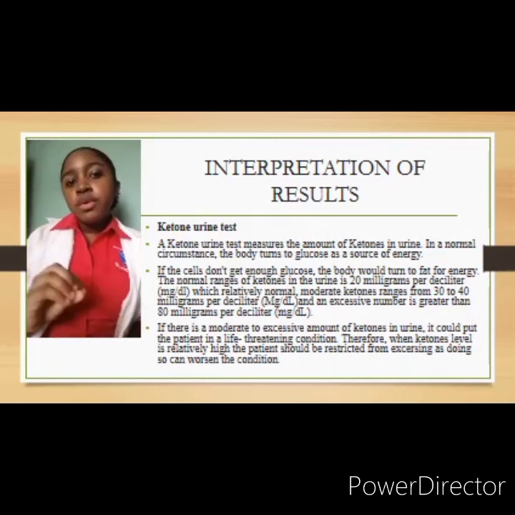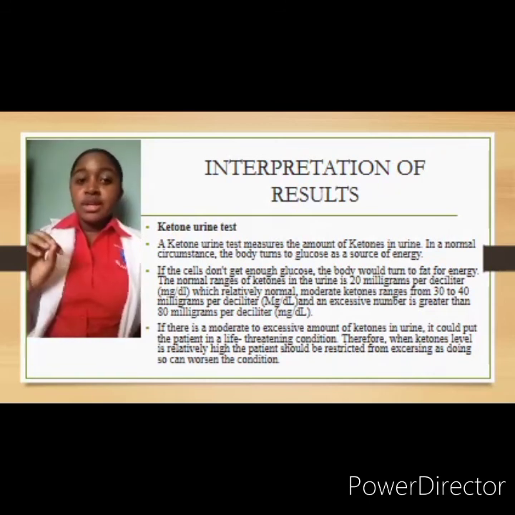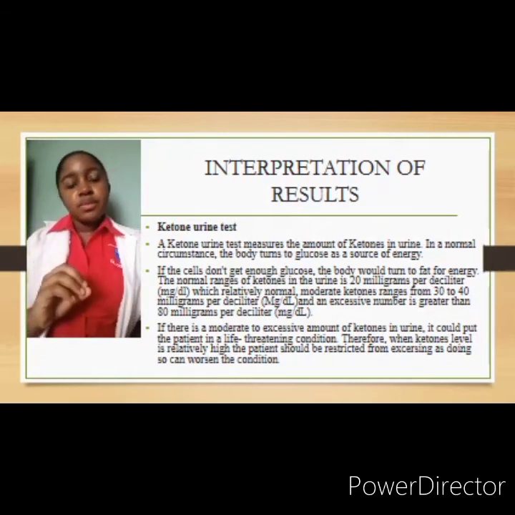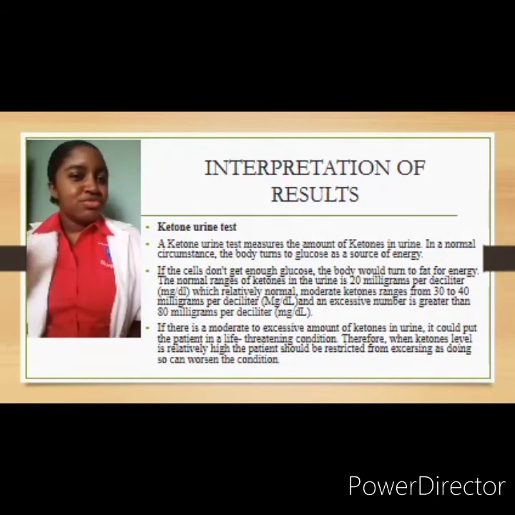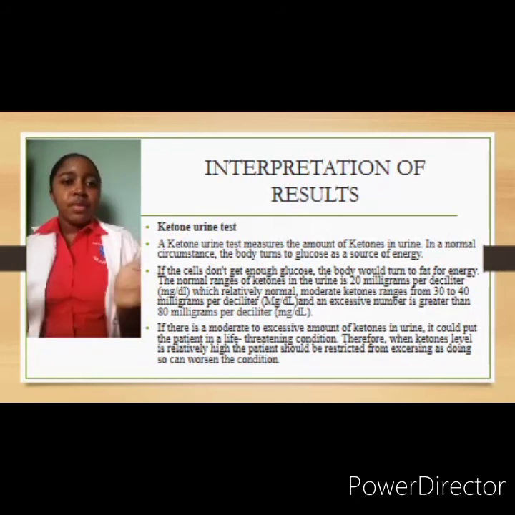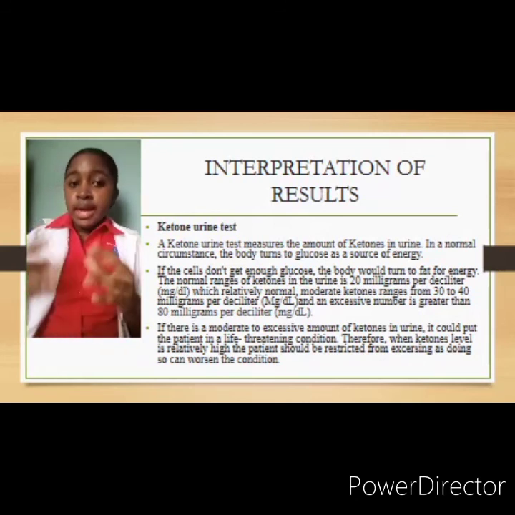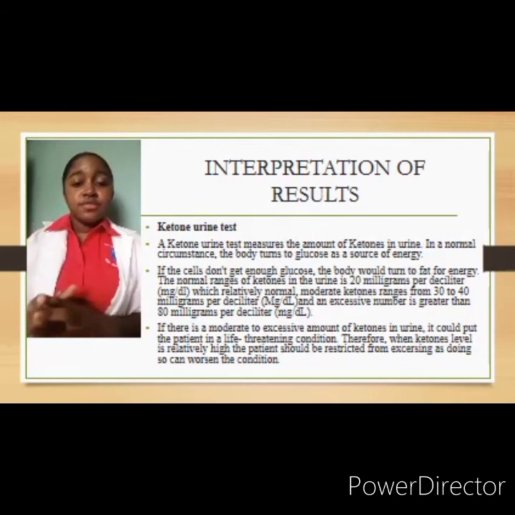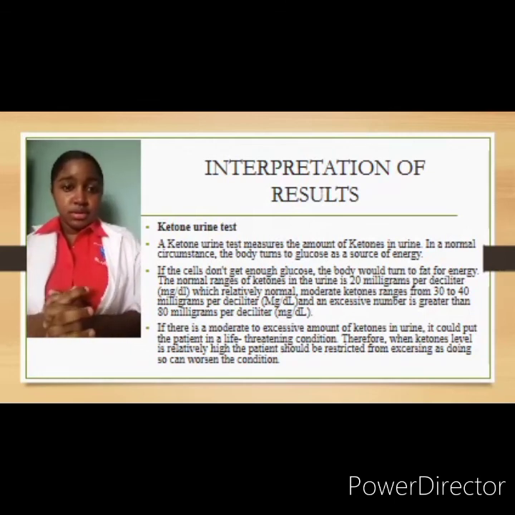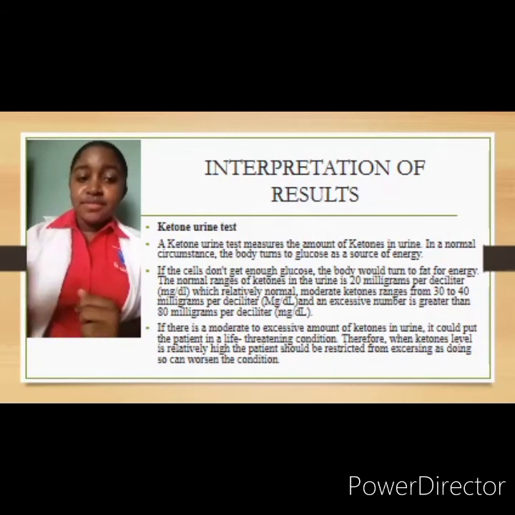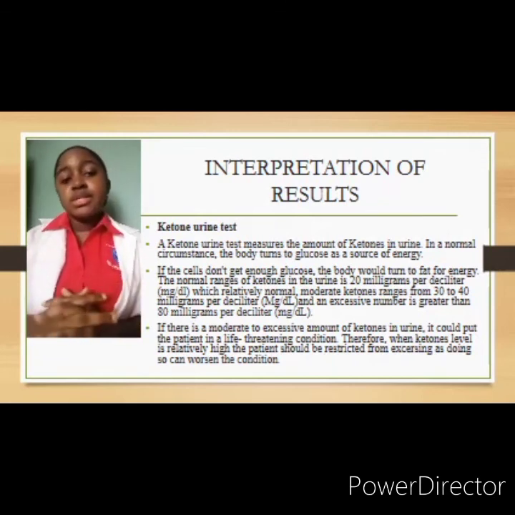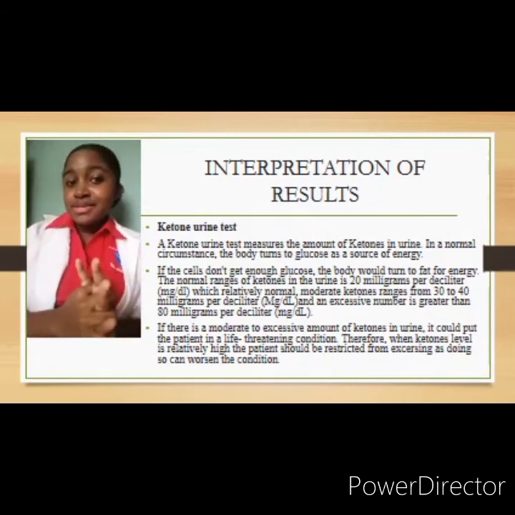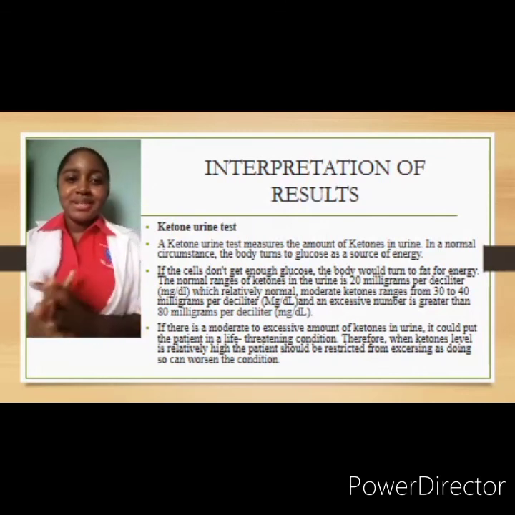Now, the normal range of ketones is 20 milligrams per deciliter, which is relatively normal. However, a moderate measurement of ketones is 30 to 40 milligrams per deciliter, and an excessive amount is anything over 80 milligrams per deciliter.